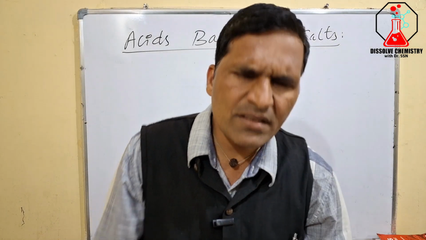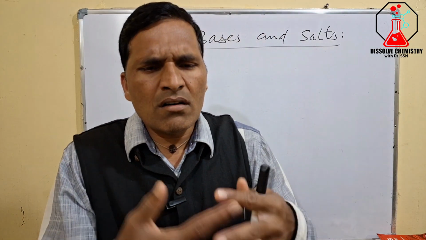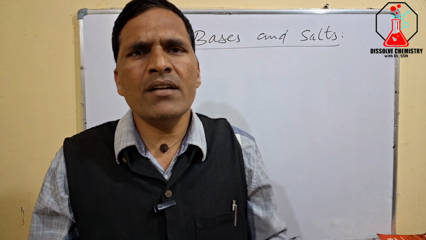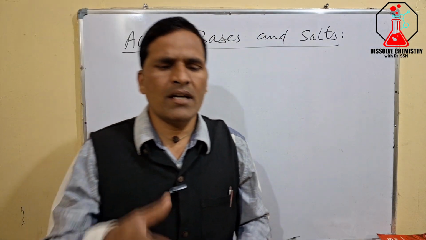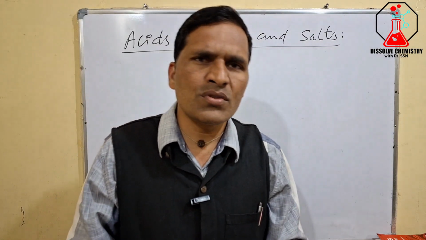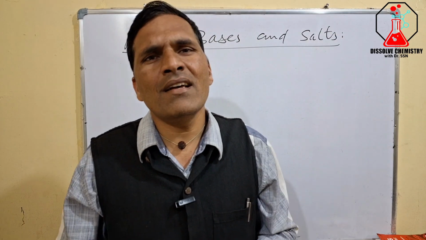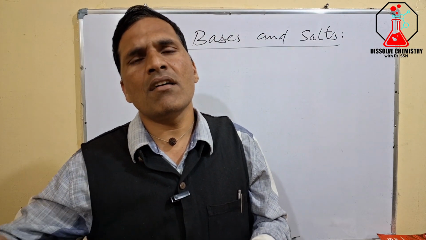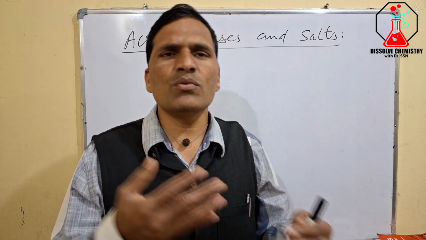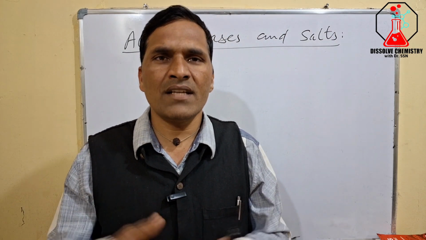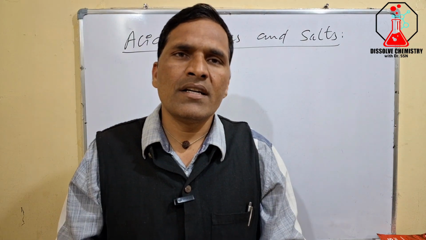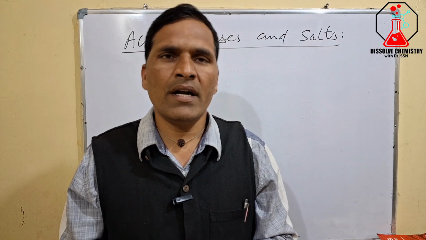These acids, bases and salts are compounds which occur widely in nature. For example, take hydrochloric acid, one of the major components of gastric juice, which is secreted by the special lining of the stomach in our body. Almost 1.2 to 1.5 liters of this acid is secreted per day, and it is helpful in the digestion of particularly carbohydrates.